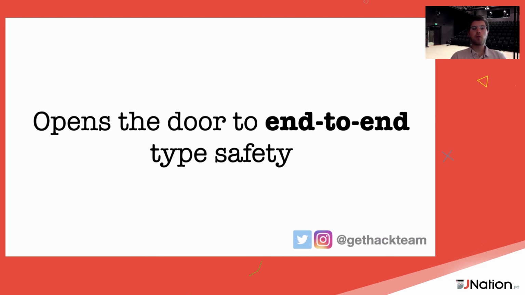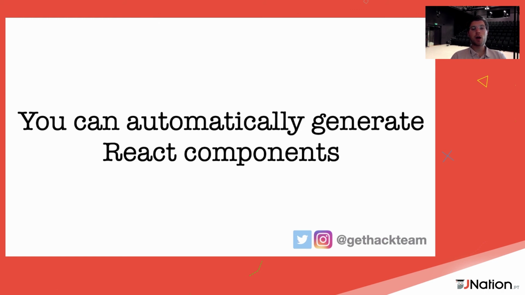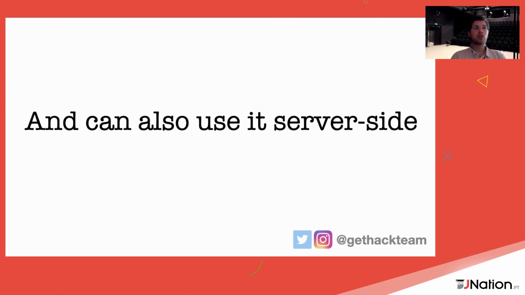Because if you've been working with type systems and you suddenly are working without one, you go crazy because you just wouldn't know why you're having certain bugs. So end-to-end type safety is something you should definitely go for. And you can do that by automatically generating React components like we saw, or by using something like this server side.